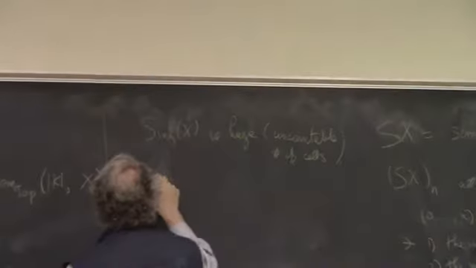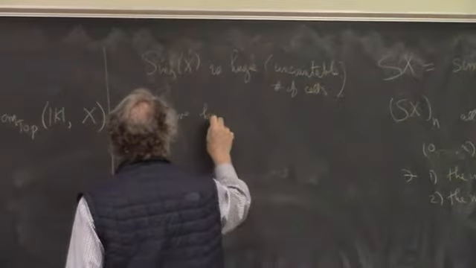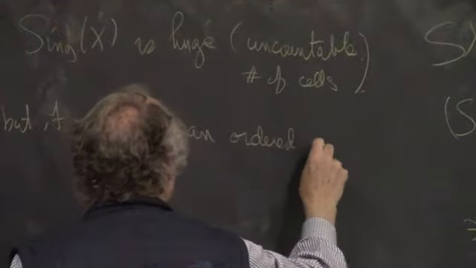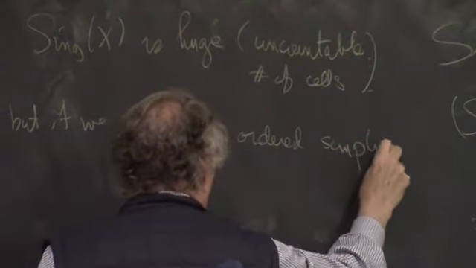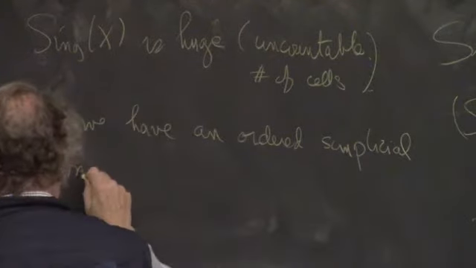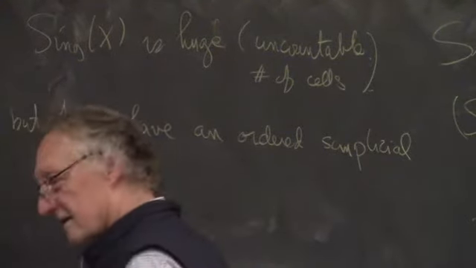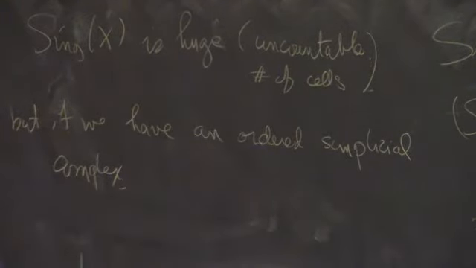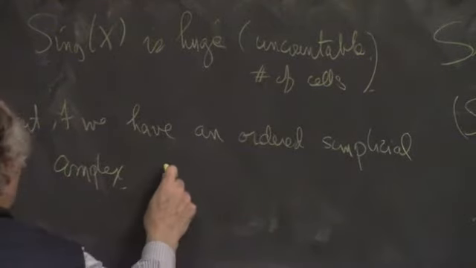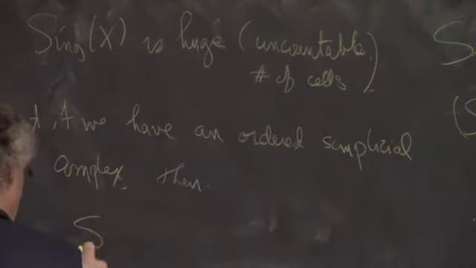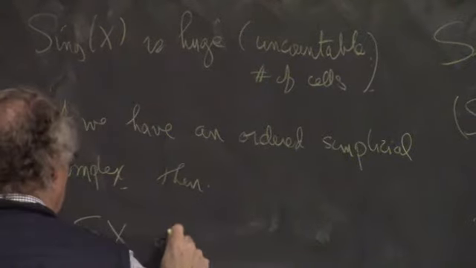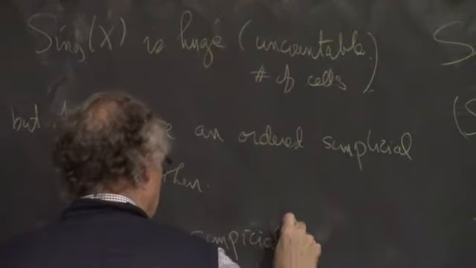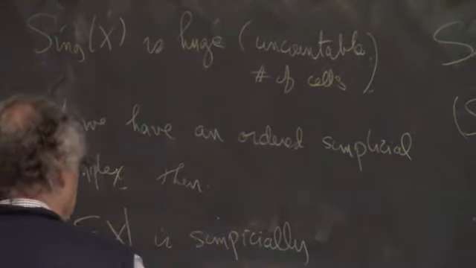But if we have an ordered simplicial complex, by that I mean a simplicial complex with a partial order on the vertices which is a total order on the vertices of every simplex, then the geometric realization of S of X is simplicially isomorphic.